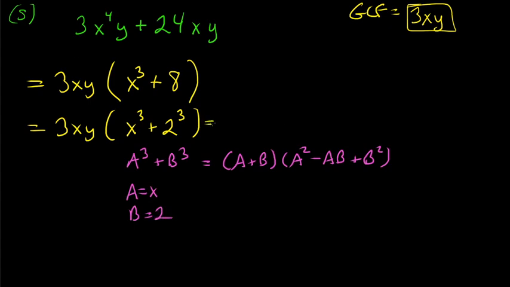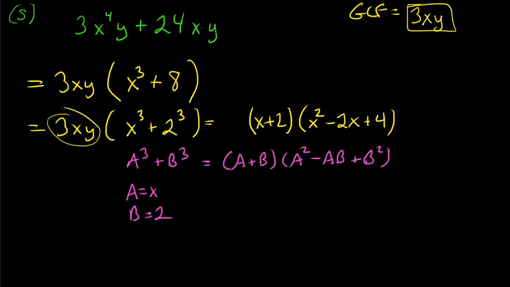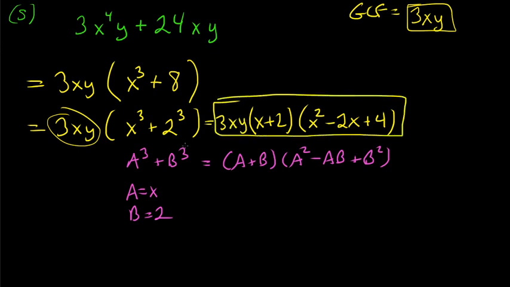So we're going to factor this as a plus b, so x plus 2 times a squared is x squared, minus ab is minus x2, or better yet, 2x, right? Plus b squared is 2 squared, which is 4. Okay. Now, don't forget the GCF. That's still there. So 3xy goes in front. And now I think we're done.